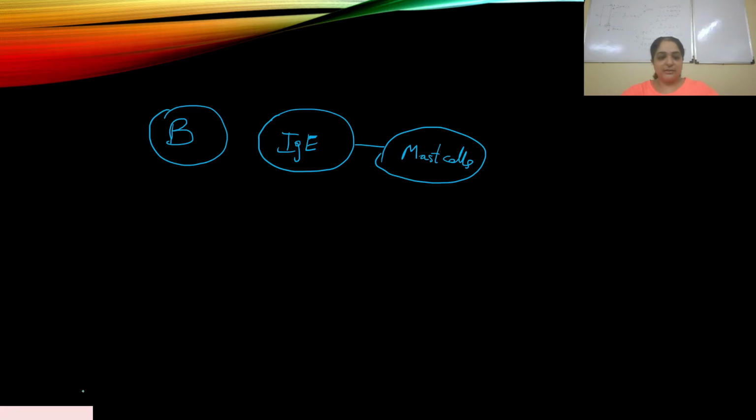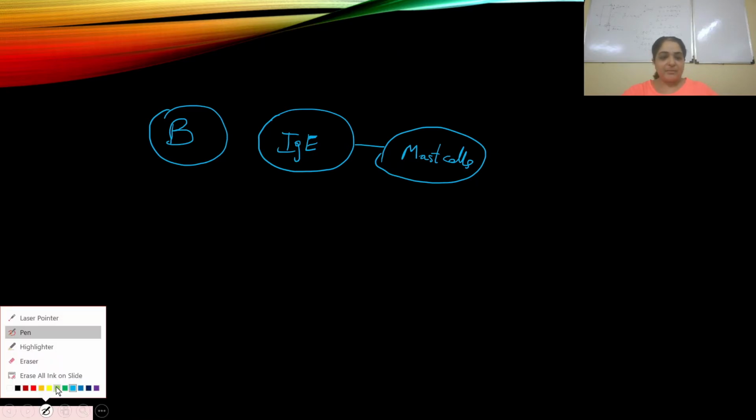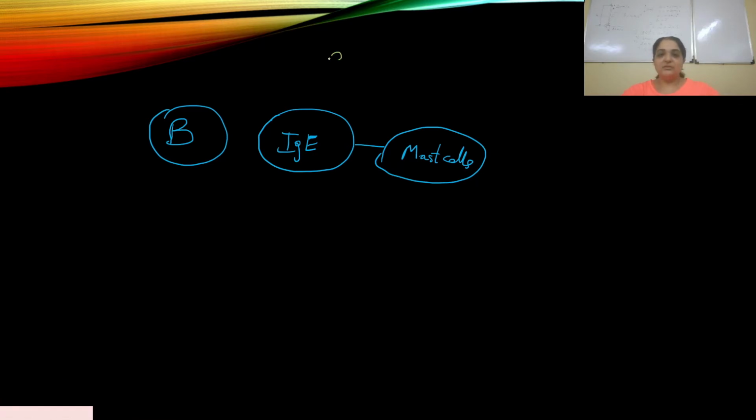So now let's say an antigen or an allergen has entered the system, the respiratory passageway. They attach to these antibodies, forming antigen and antibody complexes. So what happens is the mast cell and these basophils react.